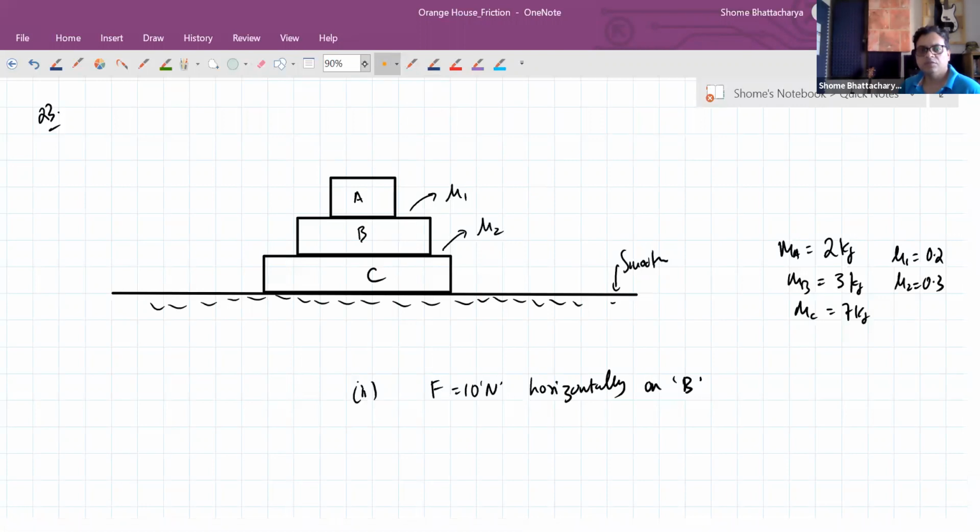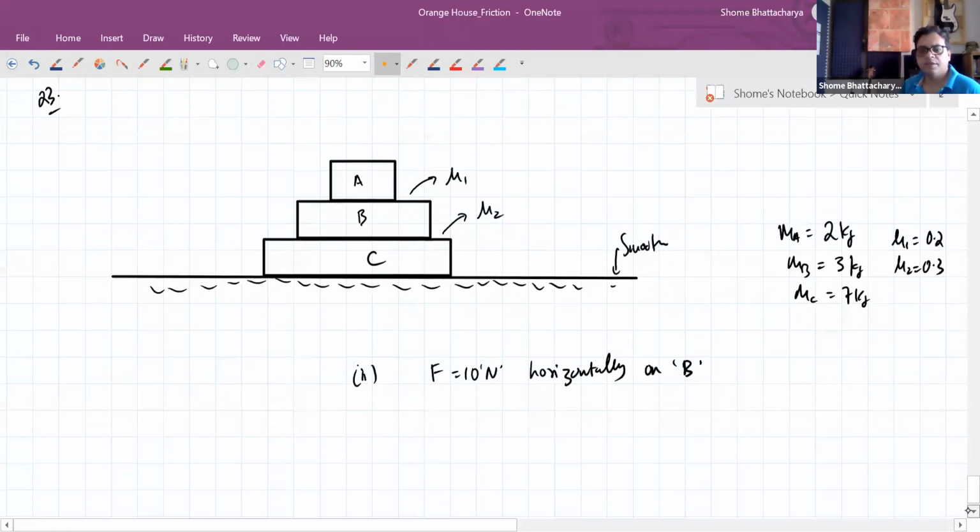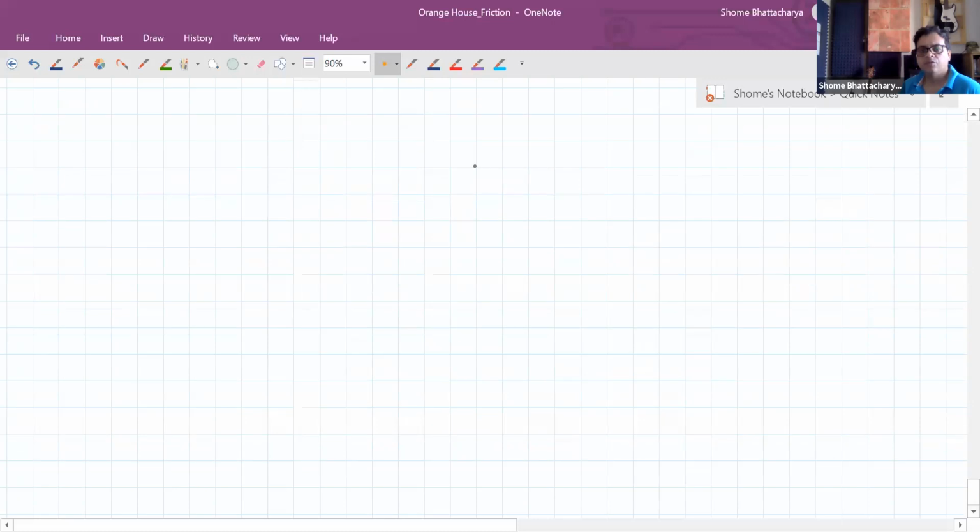So to begin with, we have to understand that the moment you apply force on the middle block, I'll just show the blocks a bit separated now, so that it's easy to show the friction between them.